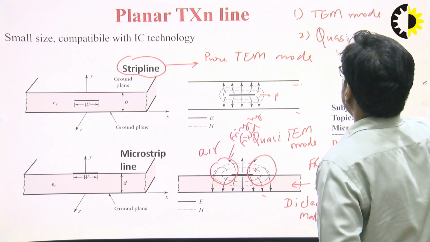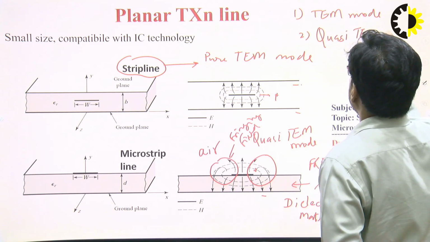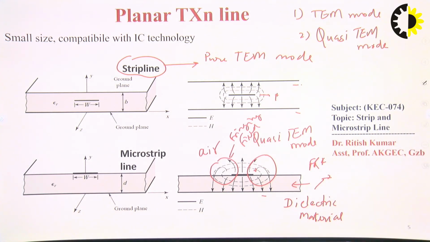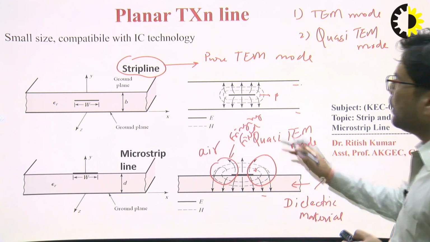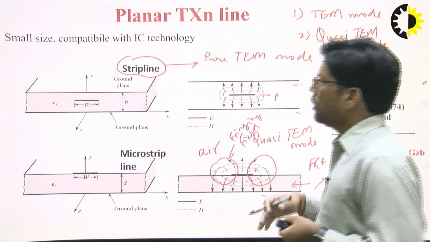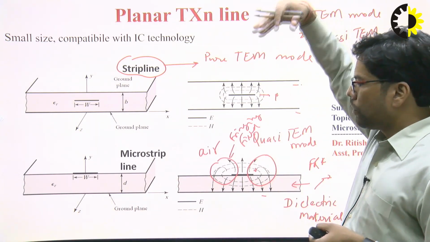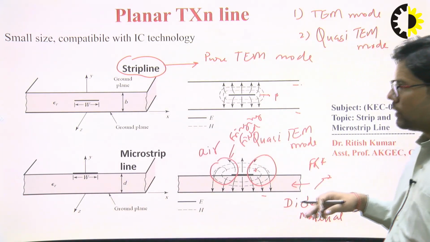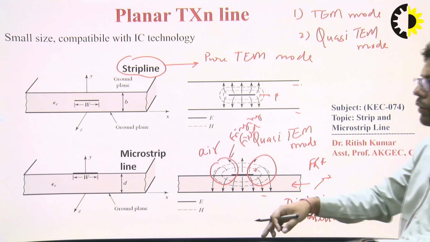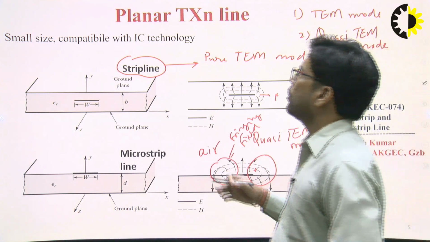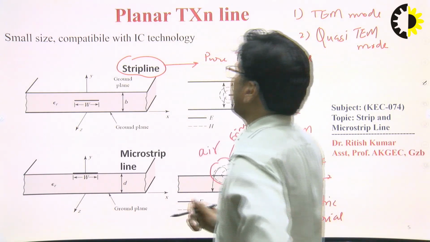This is an important term that you need to remember, right? Why do we call this a planar transmission line? Because if I look from the top of this strip line, we are able to see it is a kind of surface. It lies in the XY plane. That's why we call this a planar transmission line as well.